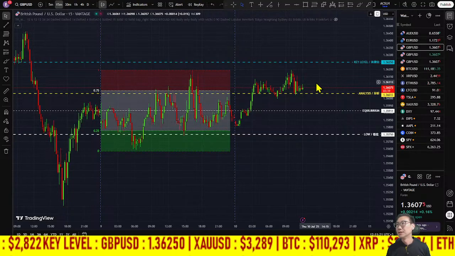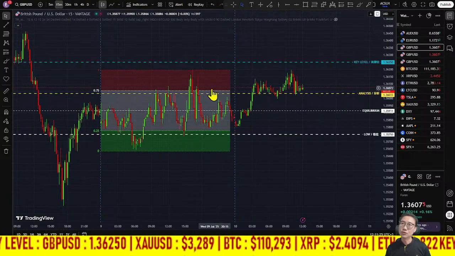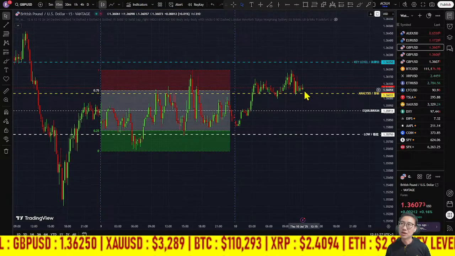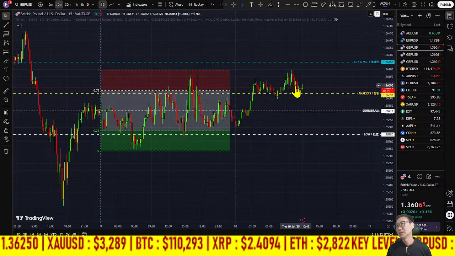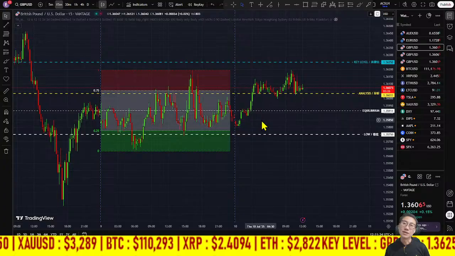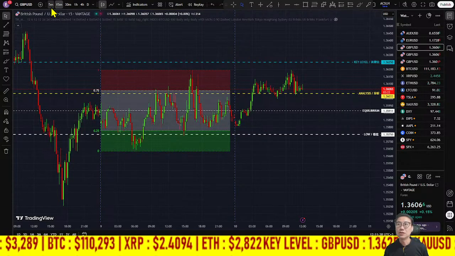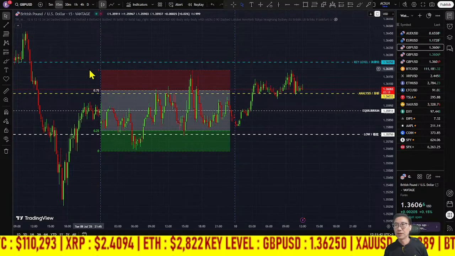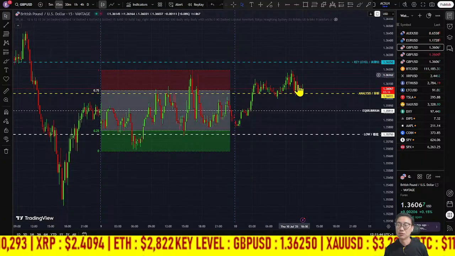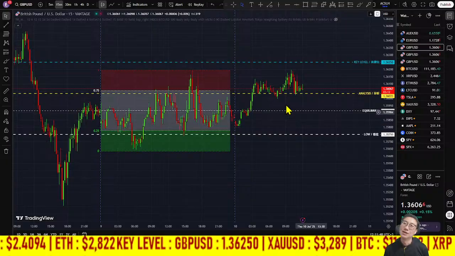Likely to see that Pound Dollar today is going to test 136.250. If you are looking into this area here, then maybe it filled up, and there may be a textbook head and shoulder structure.